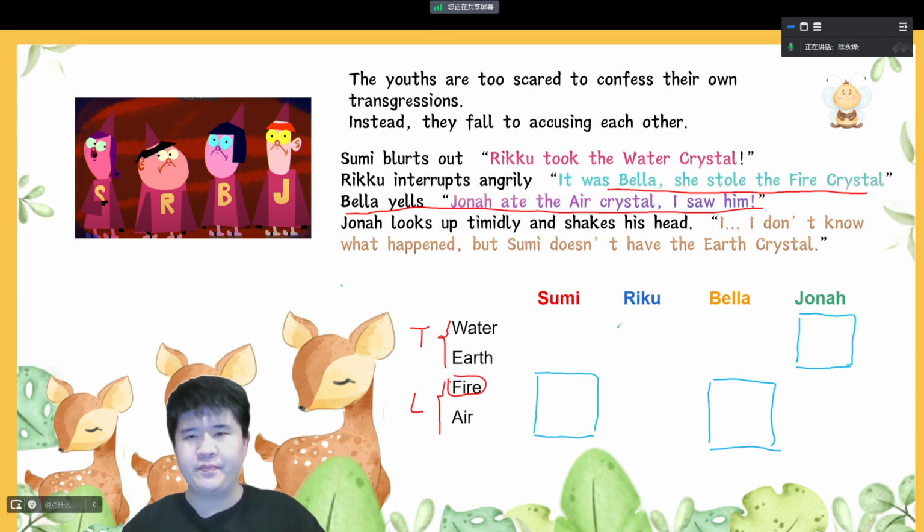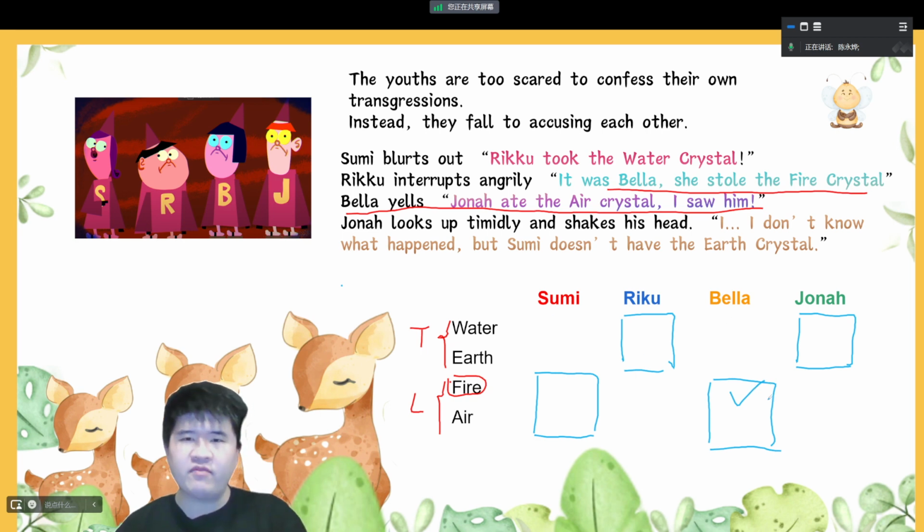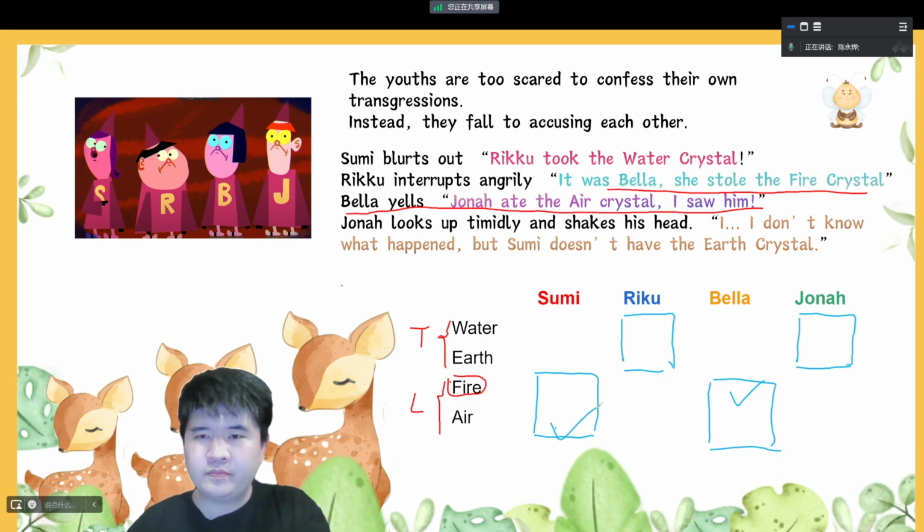So Riku will exactly be the one who tells the truth. And what did he say? He said, "Bella stole the fire crystal," so yes, Bella has the fire crystal. And then fire has been taken by Bella, so Sumi must have the air crystal.